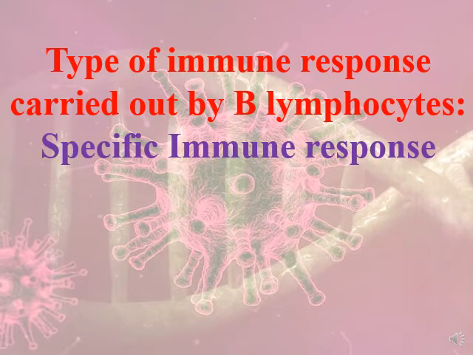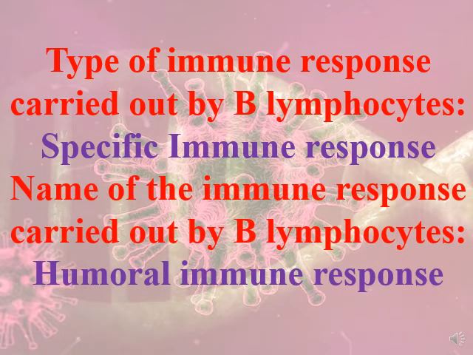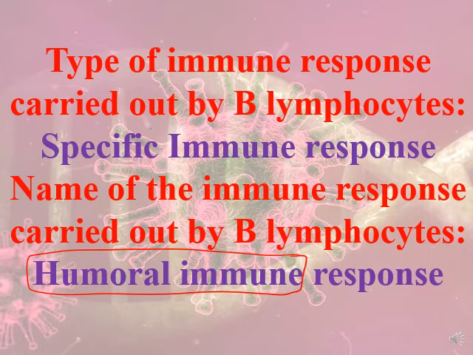If you notice, it has the same type as that carried out by T lymphocytes. What is the name of the immune response carried out by B lymphocytes? It's called humoral immune response. So the type is specific immune response, and the name is humoral immune response.